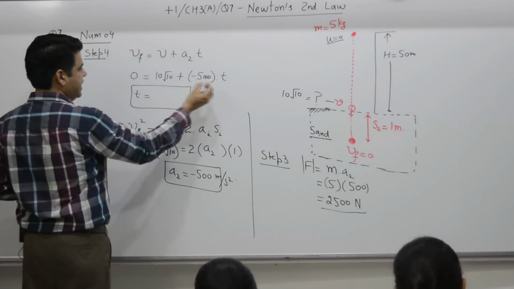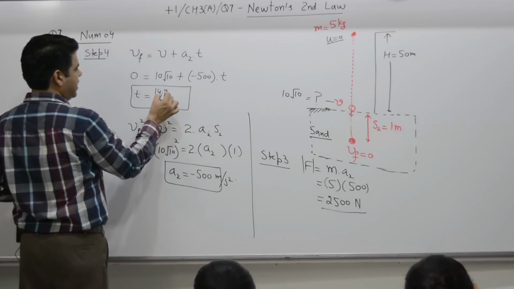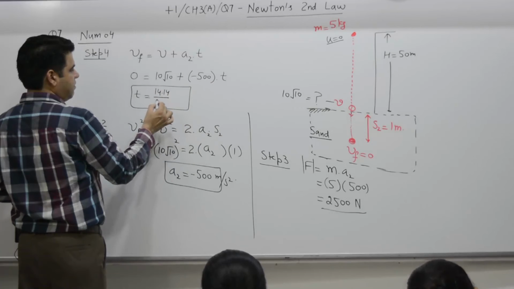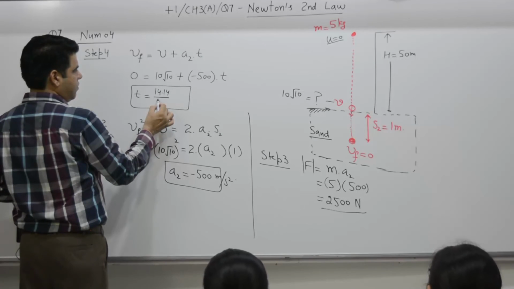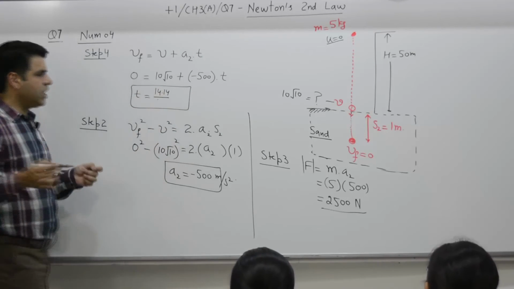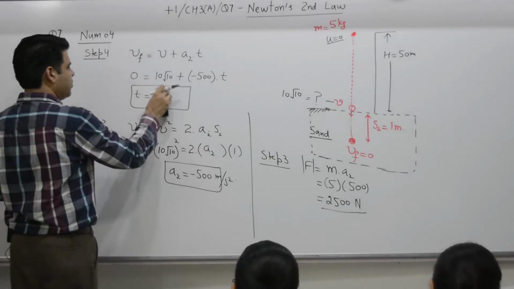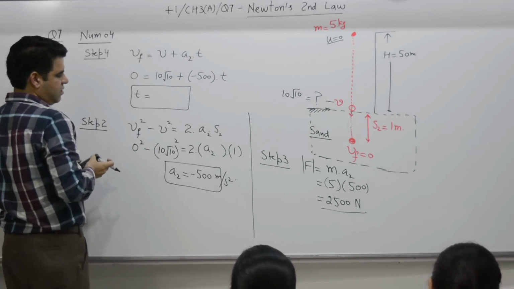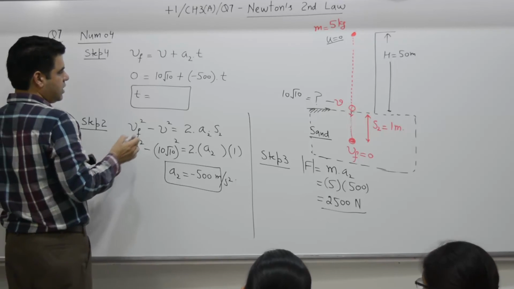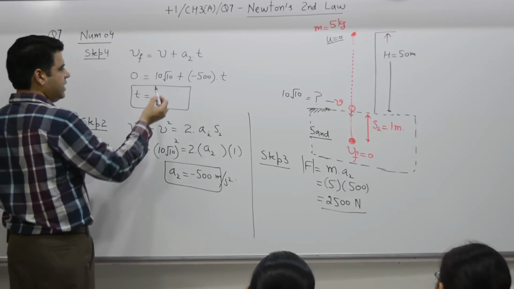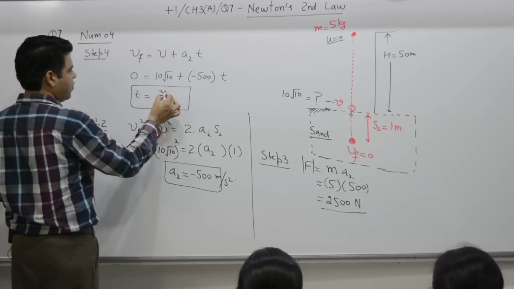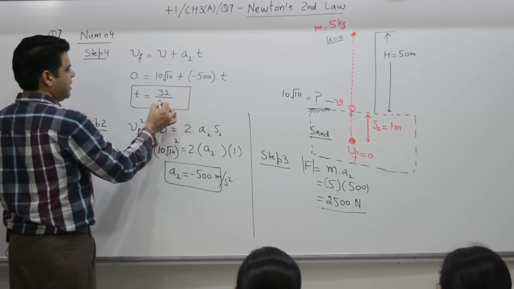So you get 14.14 divided by 500. Root 10 is say 3.2, fine. 32 by 500. It is workable.